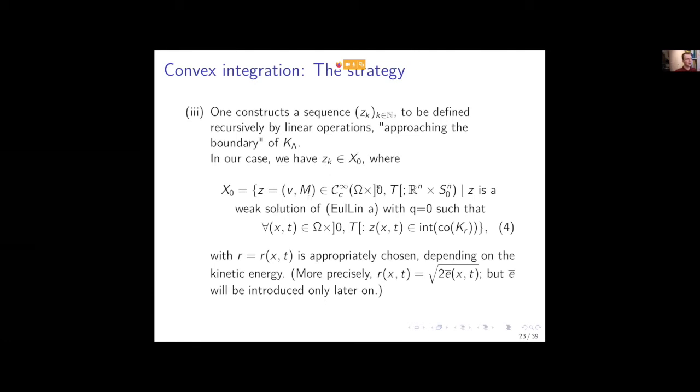So in this case, we're looking for weak solutions of the linearized Euler equation that are in the interior of some function space. Again, I apologize for not telling you exactly what K and K lambda are, but they are special function spaces. And again, essentially, we construct a sequence of solutions in a special way.